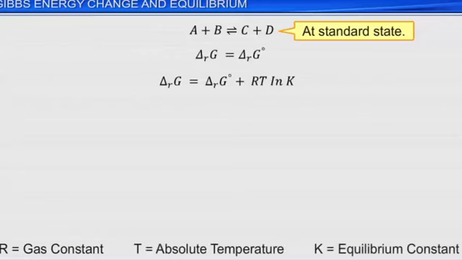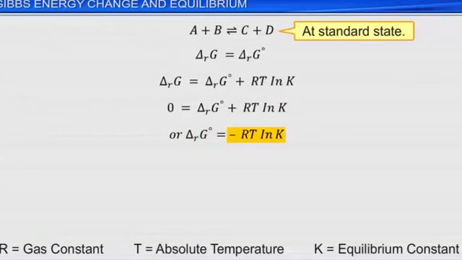This can be further expressed as 0 equals delta Rg naught plus RT log K, or delta Rg naught equals minus RT log K, or delta Rg naught equals minus 2.303 RT log K.